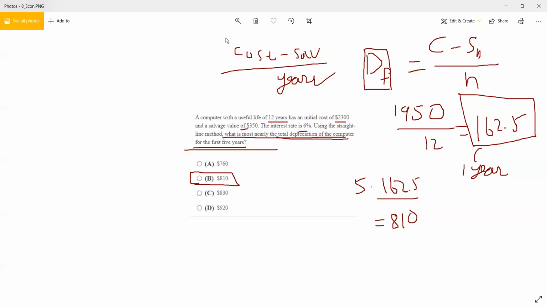But for this one, we did not use the interest rate because we're doing straight line method. There's no place for the interest rate to come in, because all you need is how much it depreciates per year and how many years it depreciated that much. It's not as accurate because typically it depreciates more in the beginning than it does in the end. That's why straight line method's not a super good evaluator of actual depreciation, but it's a method that can be used, and it's a problem here and could show up on the exam.